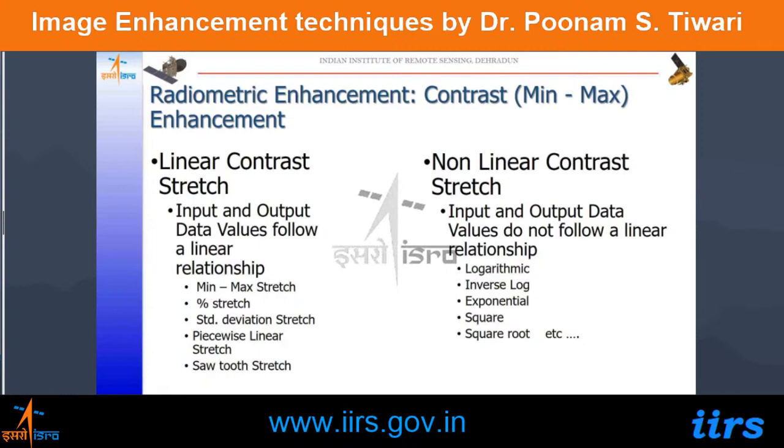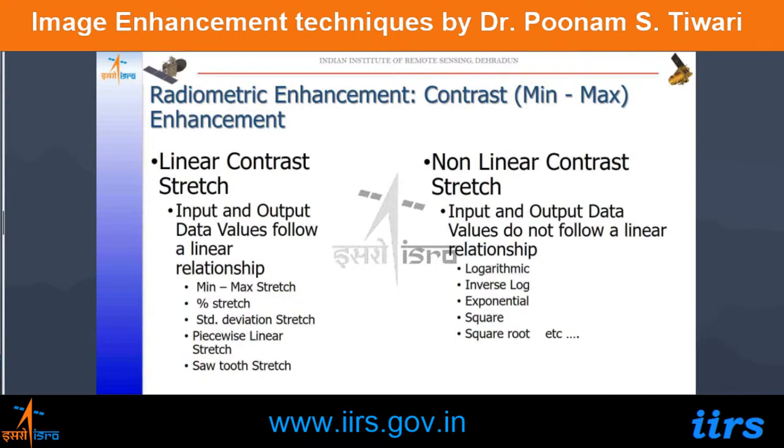As the name itself suggests, the density values or pixel values in the scene are literally pulled farther apart, that is expanded over a greater range, exactly like a rubber band or like an elastic band.